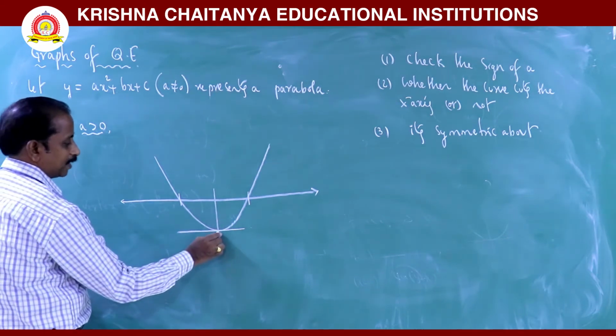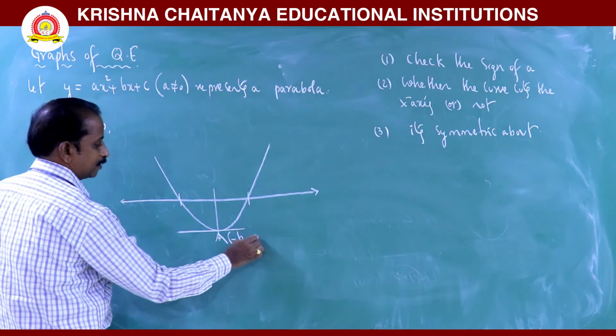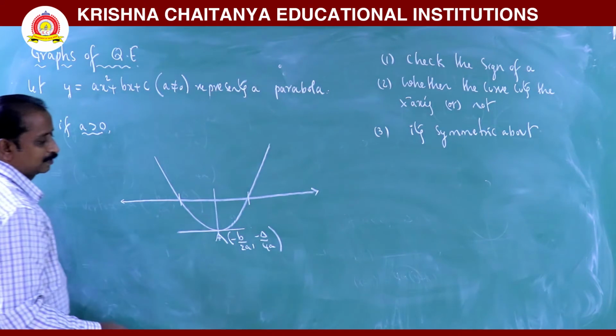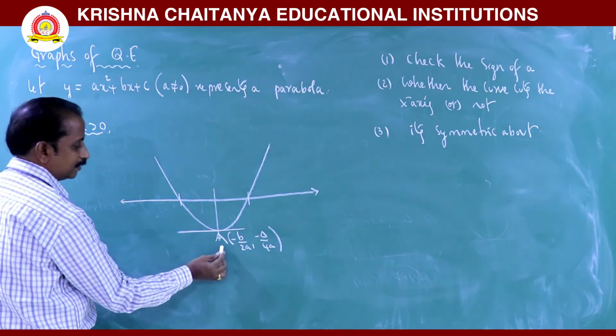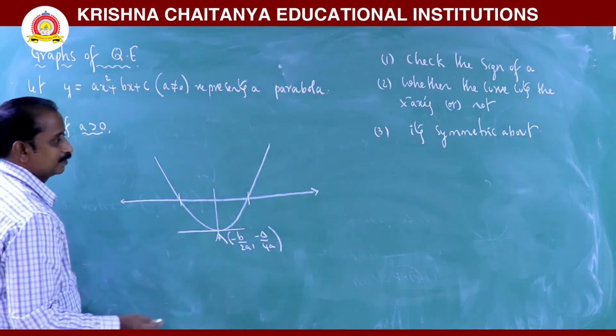The vertex of the parabola is capital A is equal to minus b by 2a comma minus delta divided by 4a. So indirectly it is x is equal to minus b by 2a.